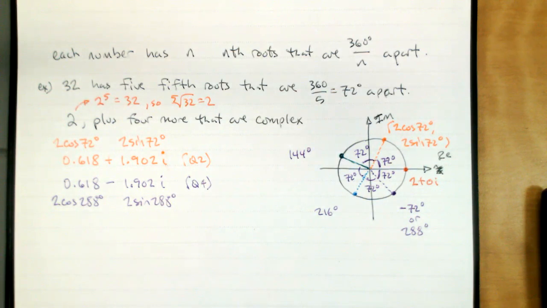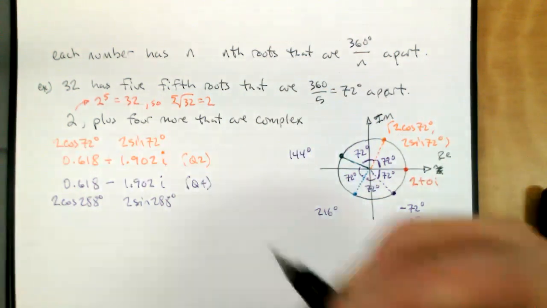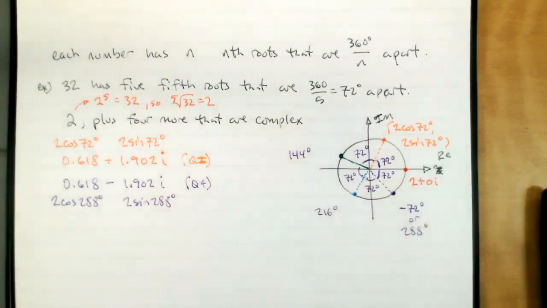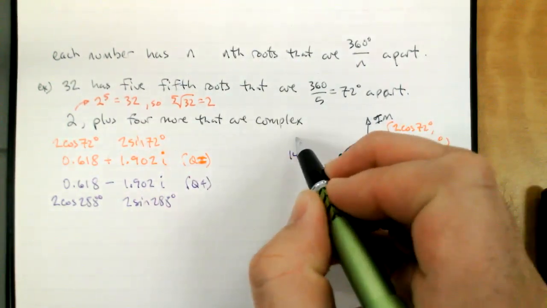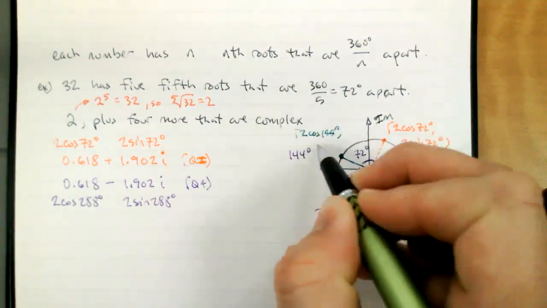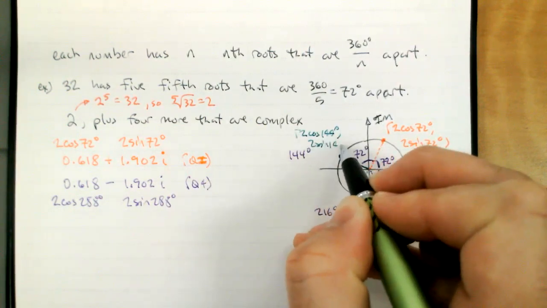For the other 2, for the one in quadrant 2, oh, that was the quadrant 1 one, not quadrant 2. In quadrant 2, that point will be at 2 cosine of 144 and 2 sine of 144.